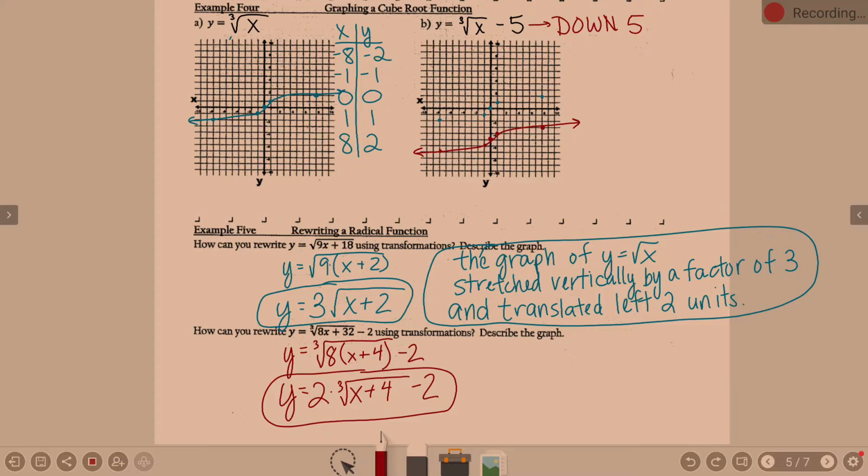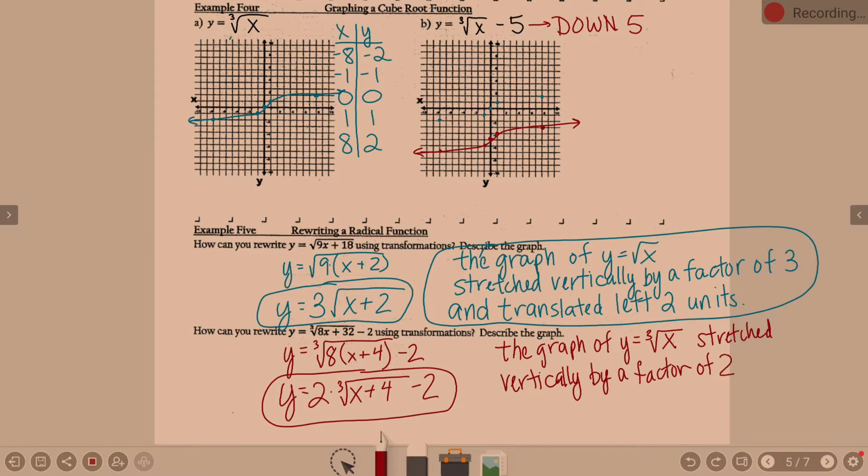Okay, I'm going to write it out. The graph of y equals cube root of x stretched vertically by a factor of 2 and, using my word, translated left 4 and down 2 units.